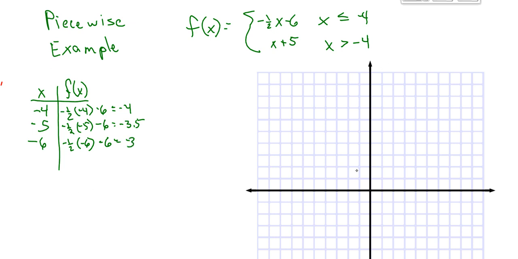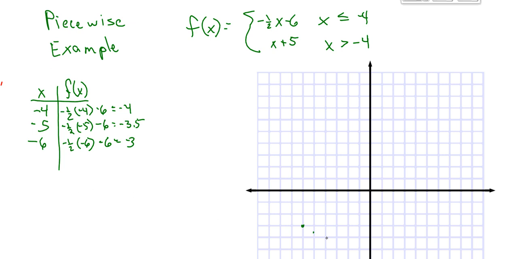So I'll just plot a couple of those at negative 6. 1, 2, 3, 4, 5, 6. I'm at negative 3. I'll put the little dot there. At negative 5, I'm at negative 3.5. And at negative 4, I'm at negative 4.